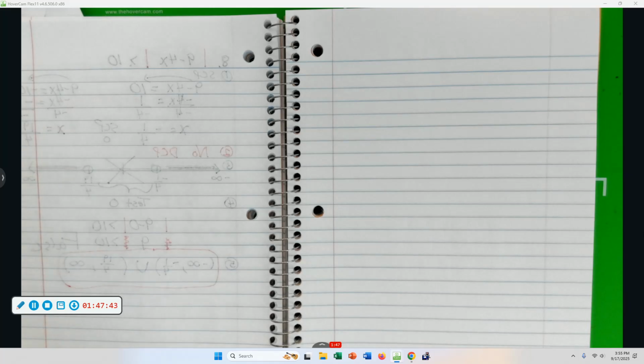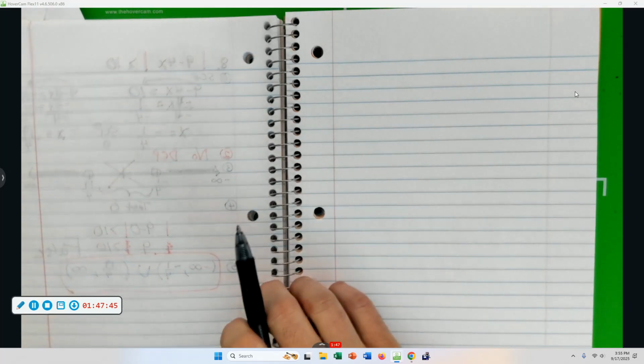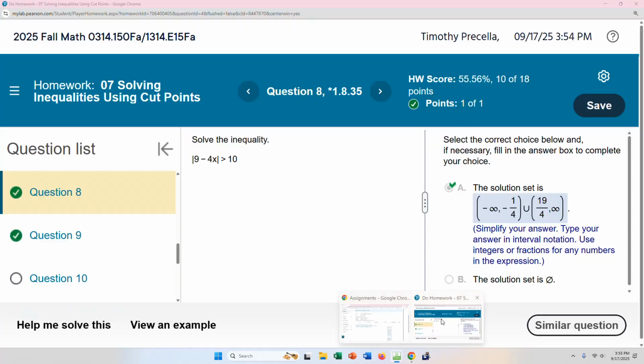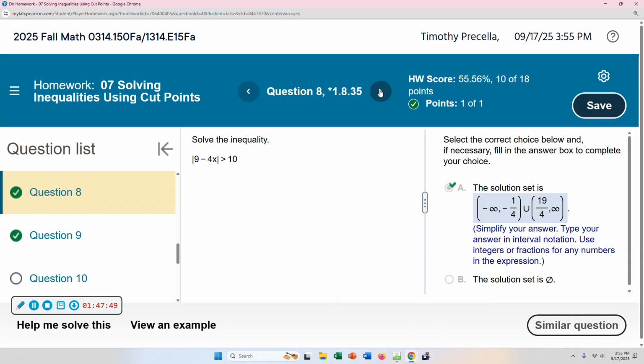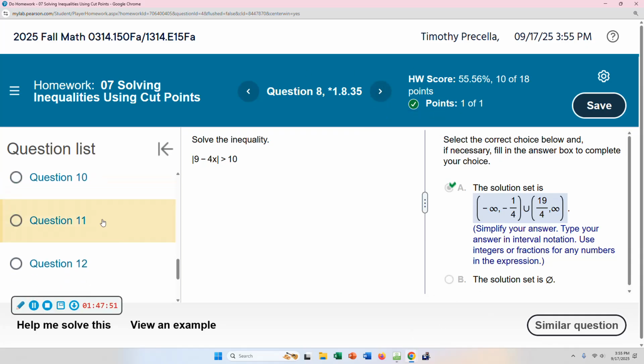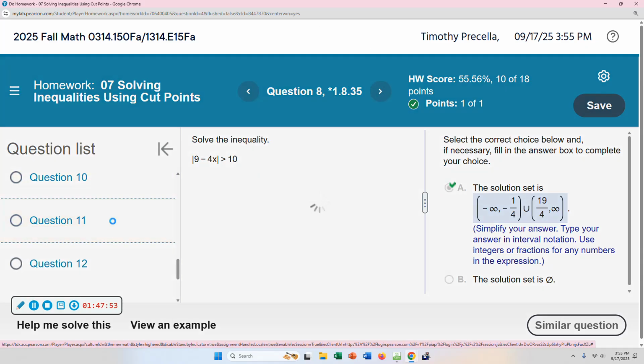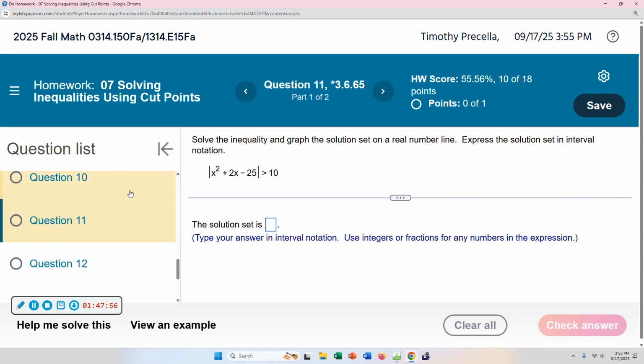Number 11. Yeah, this is a long assignment, but I think it's better than the radical and rational stuff. At least students seem to think that it's not quite as painful as the radical and rational equations.